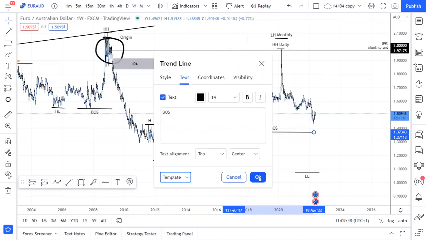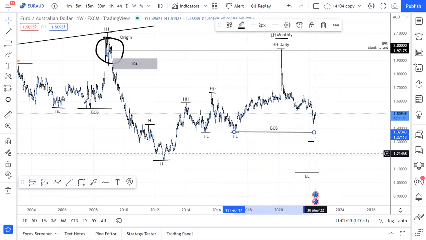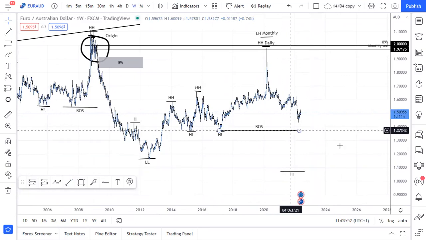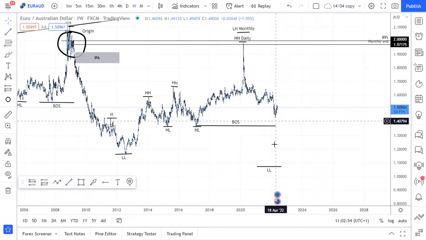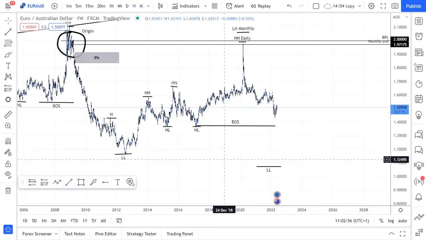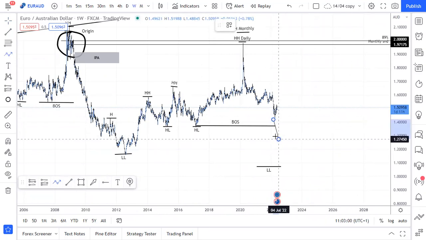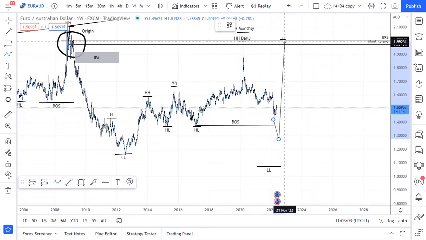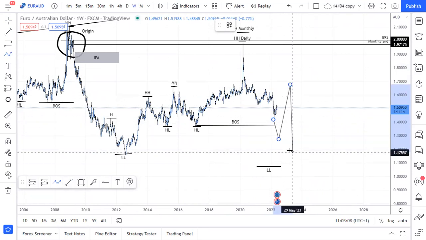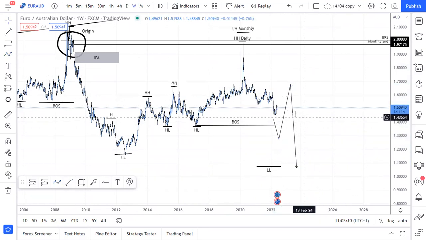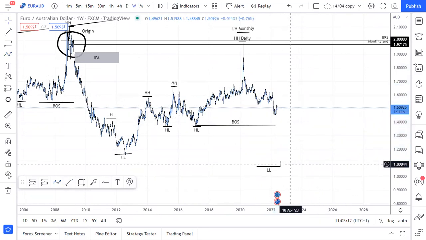Are we going to break this structure here to the downside like this and make a new lower low, and then we could look for it to come up and then back down to this lower low like this?